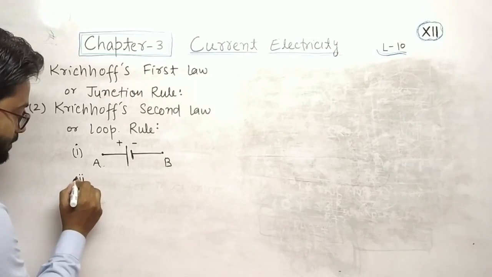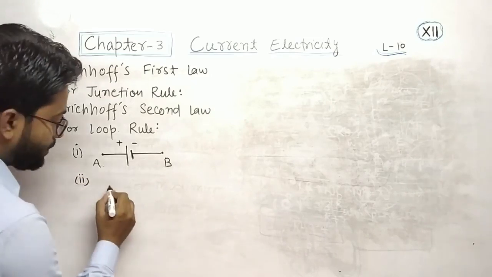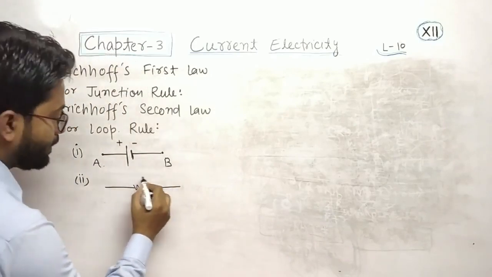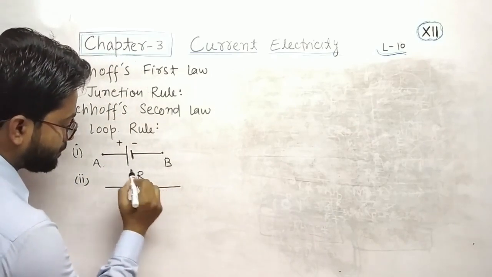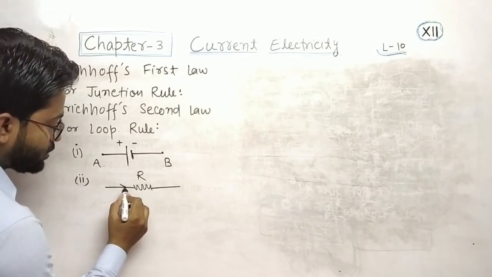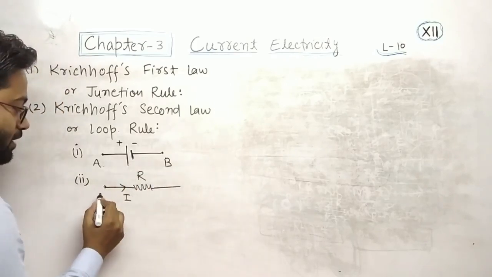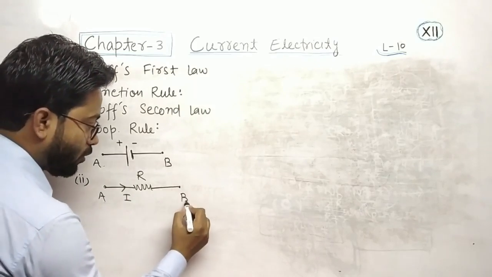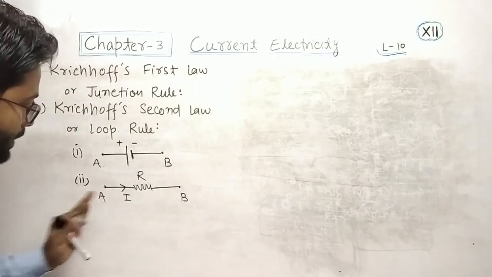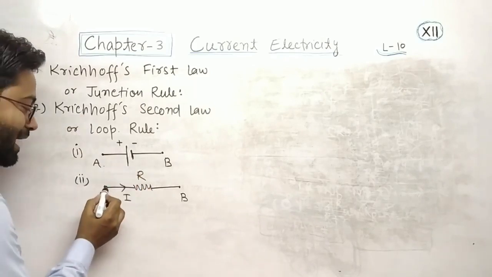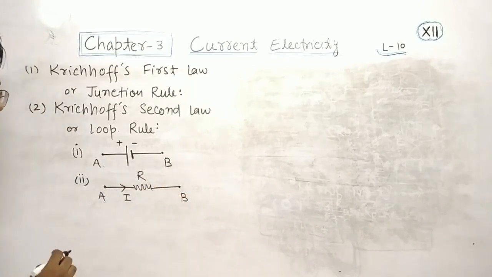Second point, this is a resistor. If current is flowing in this direction, from point A to point B, current will always flow from higher potential to lower potential.